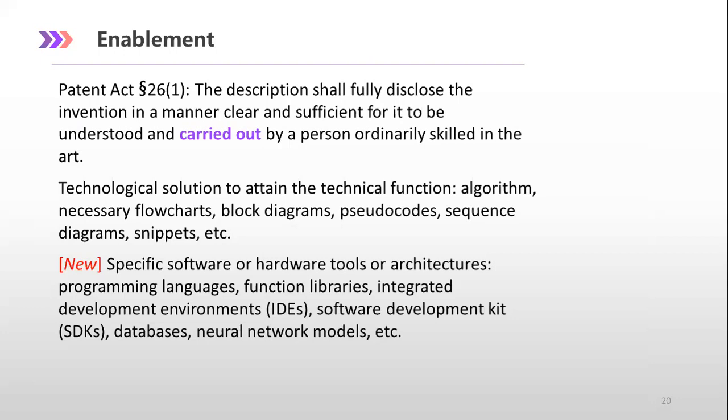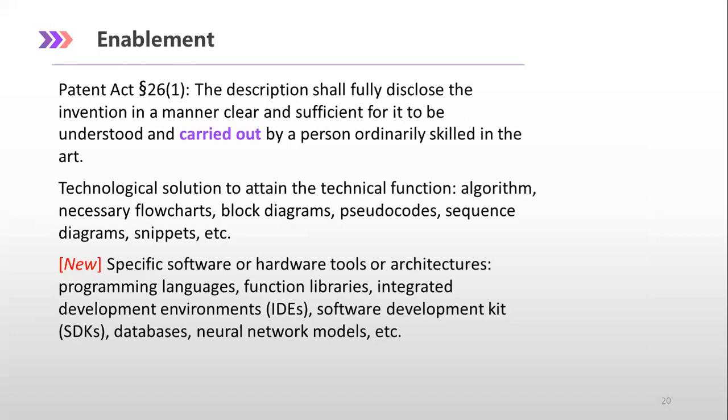The new chapter further tells us that if an invention is made by means of specific software or hardware, such as programming languages, functional libraries, integrated development environments, the IDE, software development kits, the SDKs, databases, neural network models, etc., they should all be disclosed in the specification, whether it is a commercial or open source tool.